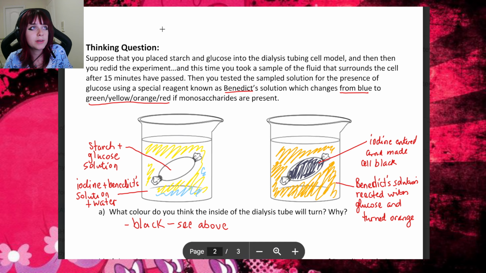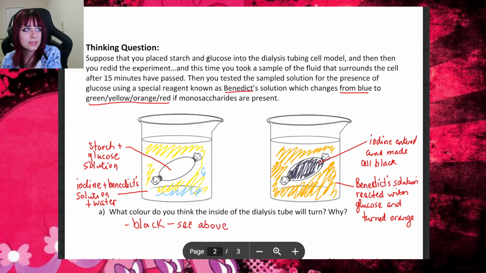Glucose, I was mixing it up with maltose and galactose and lactose, but glucose is just one simple sugar.